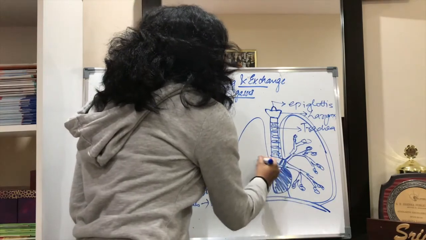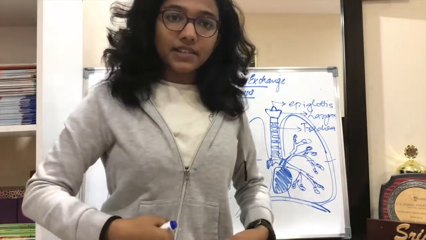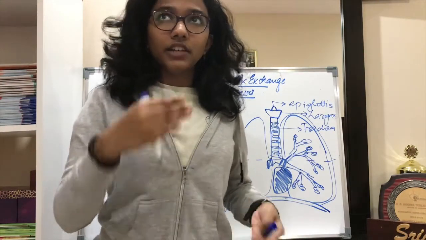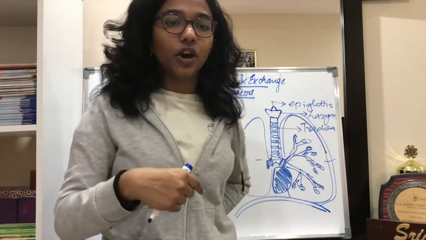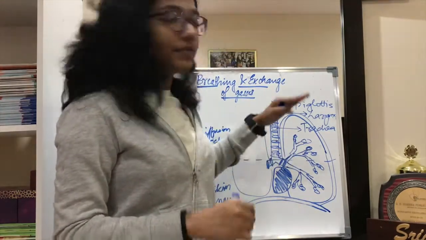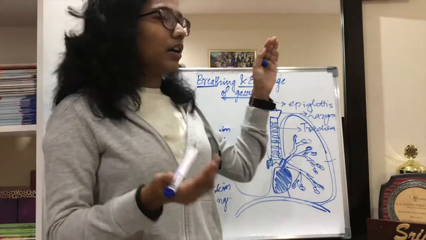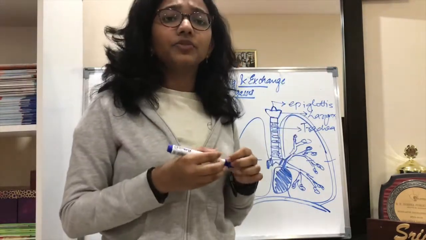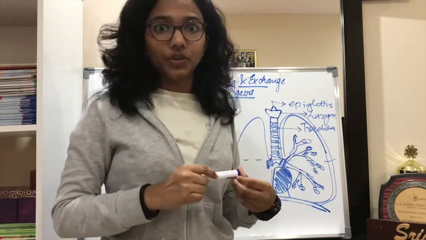It branches out here. The lungs are present in the anterior part of our body, but at the back there is the vertebral column. So at the fifth thoracic vertebra, there are about 33 vertebrae, out of which the first 7 are cervical and the next 12 are thoracic.